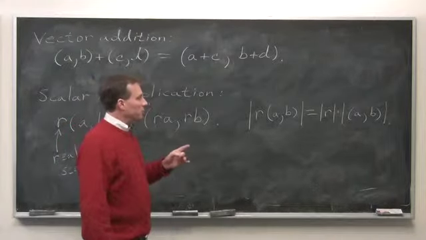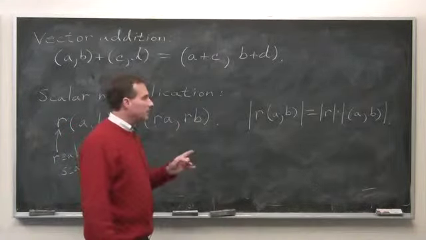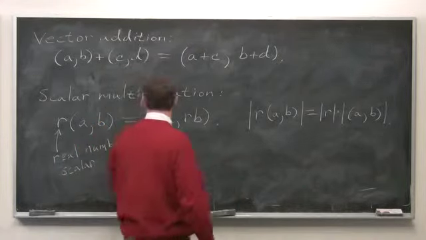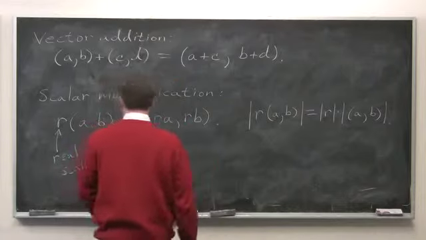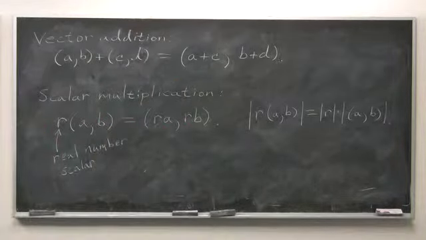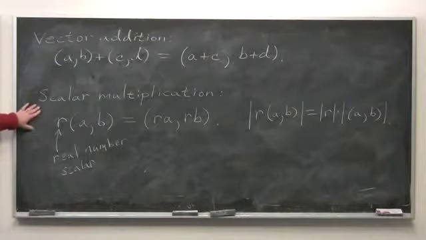But the difference between multiplying by a positive scalar and a negative scalar is that multiplying by a negative scalar changes the direction. Of course, we don't have direction yet, so let me now say what direction is. It would help if I said one more thing here.